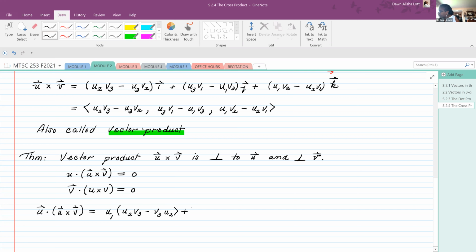And then we're going to take the second component of U and multiply it by the second component of U cross V, which is U3 V1 minus U1 V3. And then I'm going to take the last component, which is U3, and multiply it by the last component, which is U1 V2 minus U2 V1.